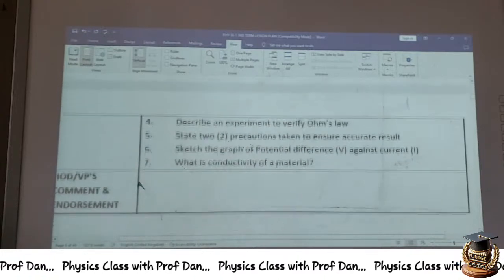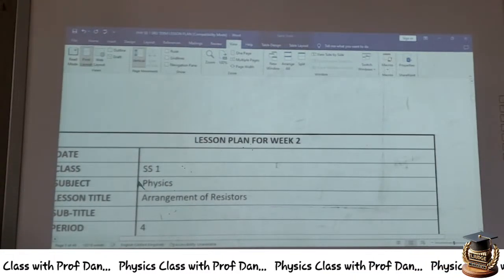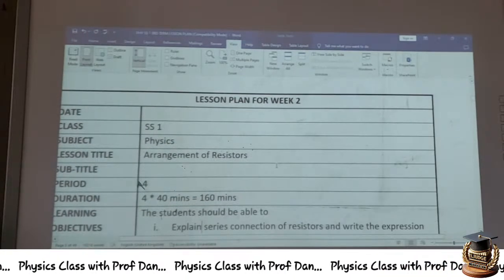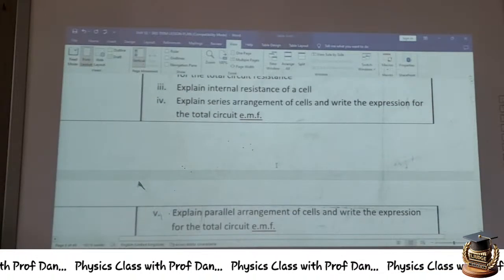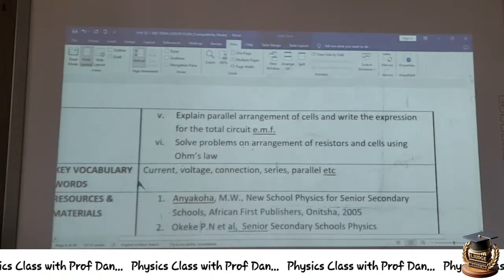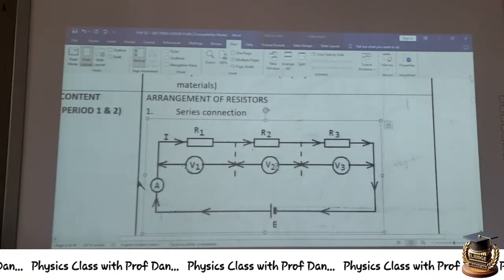So let me quickly look at this arrangement of resistors in a few minutes. This is just a brief explanation on that. So, arrangement of resistors.